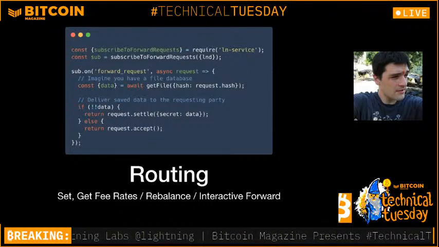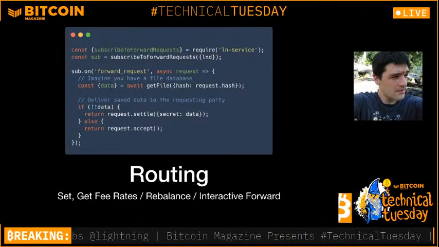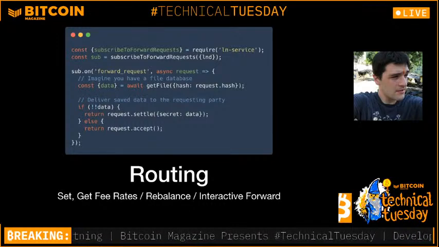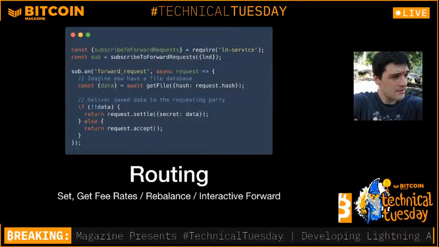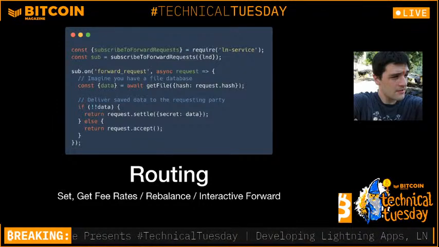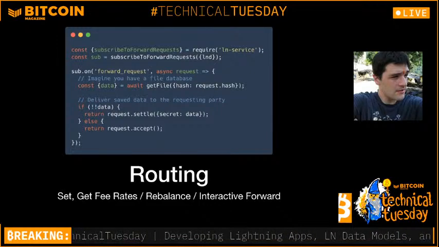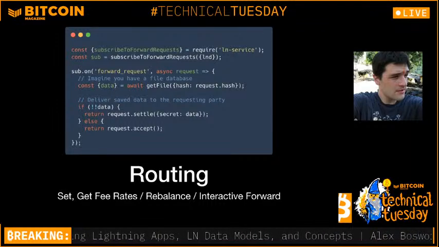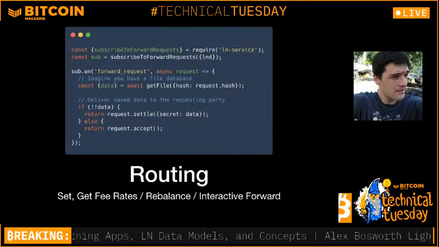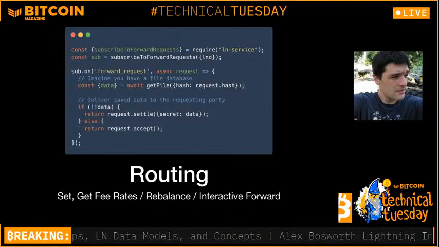This new API says, whenever you get in a forwarding request, you can now do some business logic and say, okay, do you really want to forward it? I have a pseudocode example here of what if you wanted to subvert the Lightning Network, and instead of a network for sending payments, what if you wanted the Lightning Network to be about delivering data?